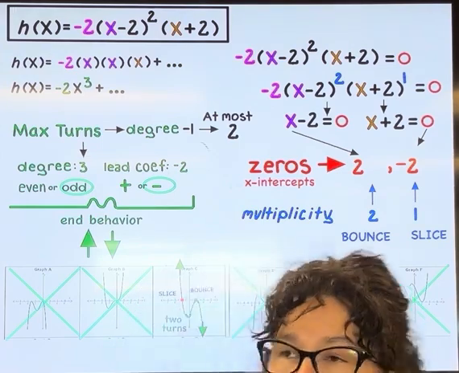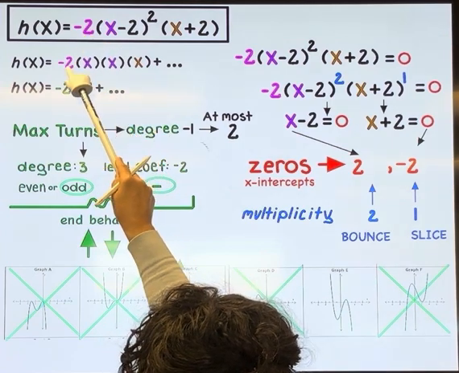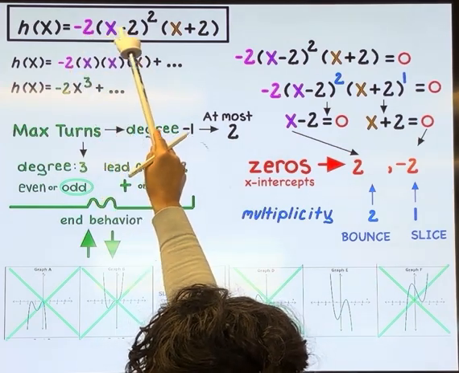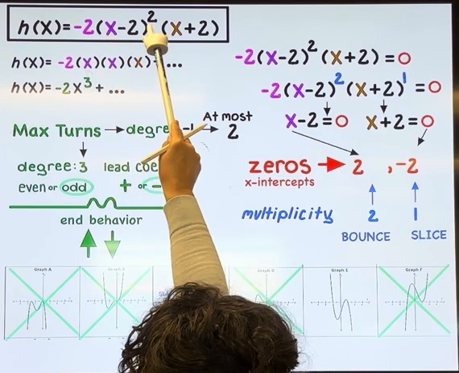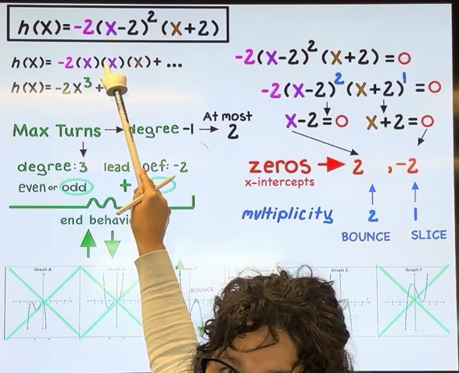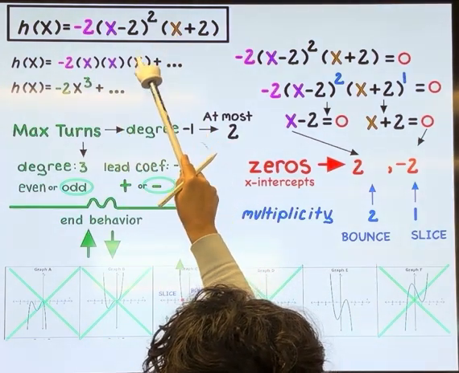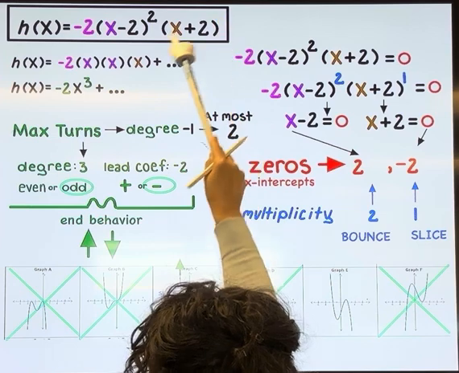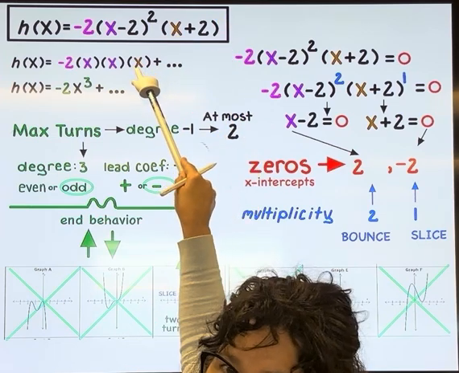So our shortcut to doing that is we take this -2, then (x - 2), that x is in the front, so that's that x, squared, so I write it twice. And then in this one, that x is in the front, so I've written it, and it's to the first power, so there's only one of those. If that was an 8x, that would be an 8x.